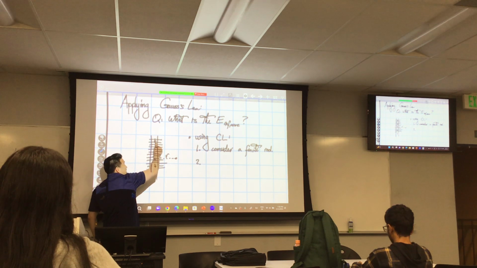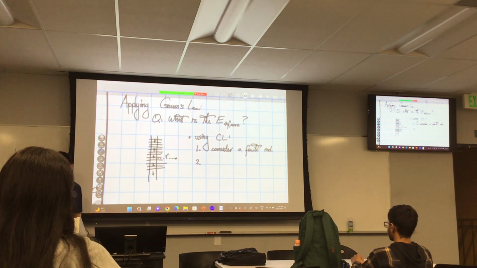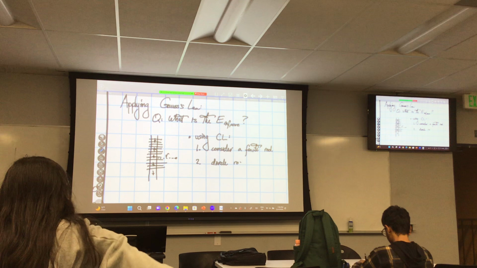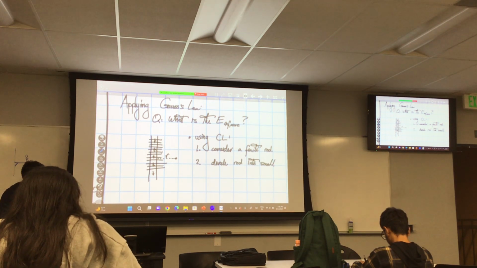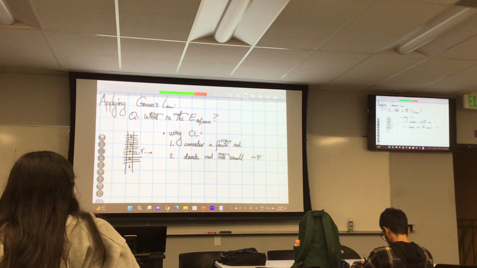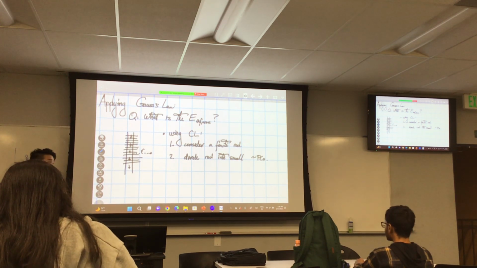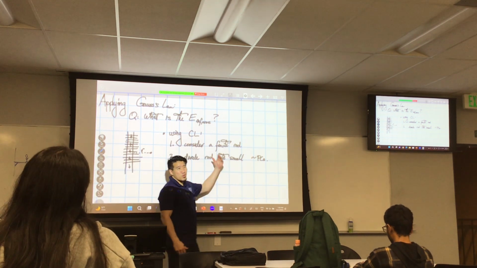Now these look like point charges. Does that make sense? So you divide the rod into small, approximately point charges. And why do we do that? Because now that we have roughly point charges, we can apply Coulomb's law.